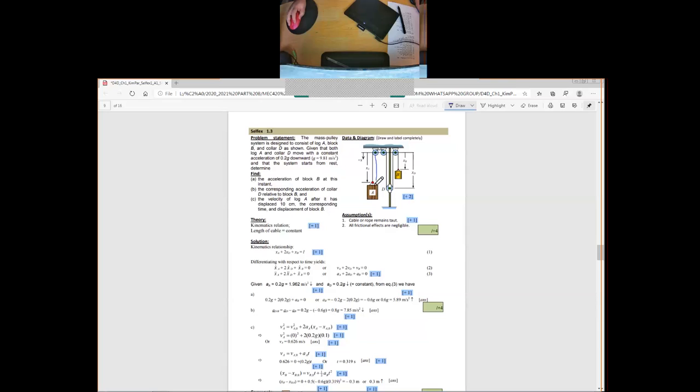We look at the length of this rope. Total length of the cable, we call the rope a cable. Total length of the cable which is XA. The upper one is constant so we ignore it. Then we move down. This is not constant but you have to express it in terms of what? 2XD, yes. This is called XD. So you have 2XD. And then another one which is XB, right.